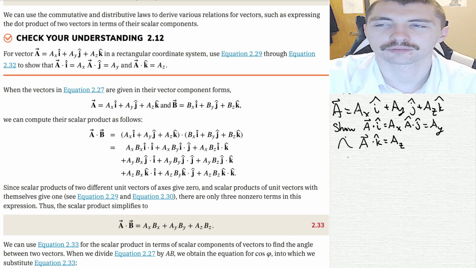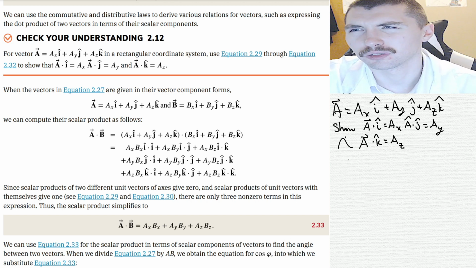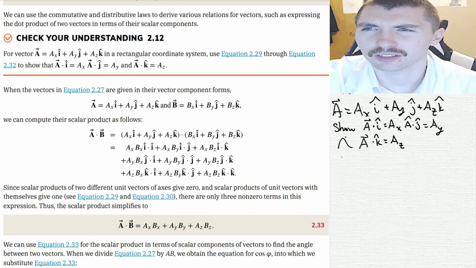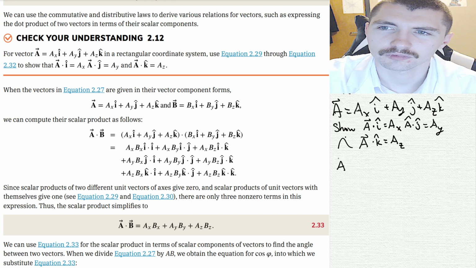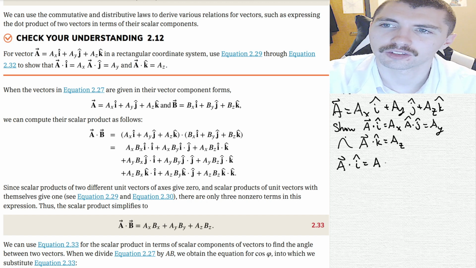Okay. So A times I equals the magnitude of A times I cosine phi. Okay.